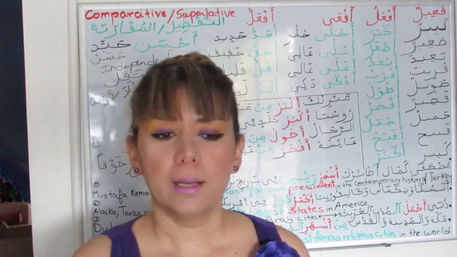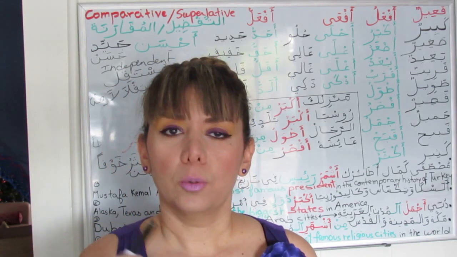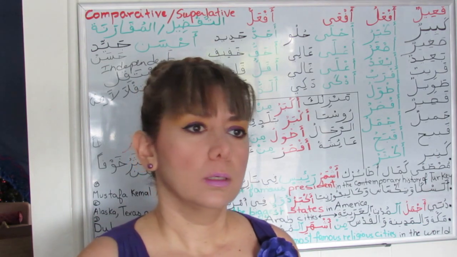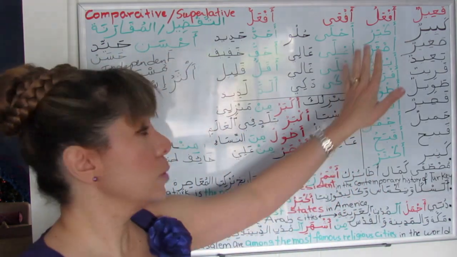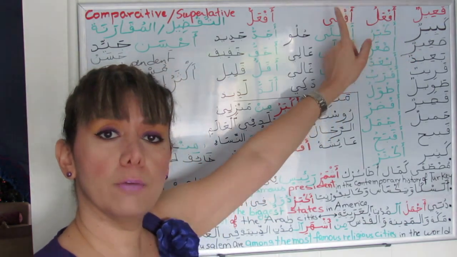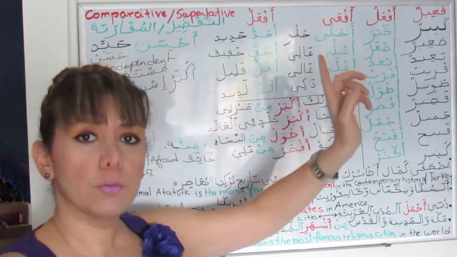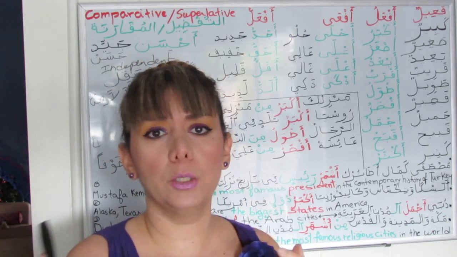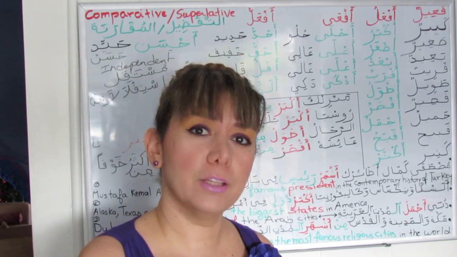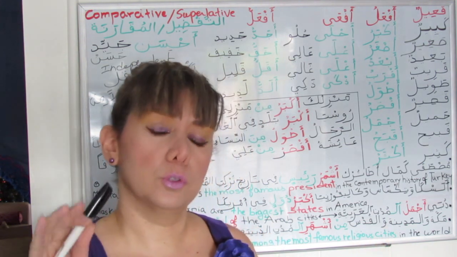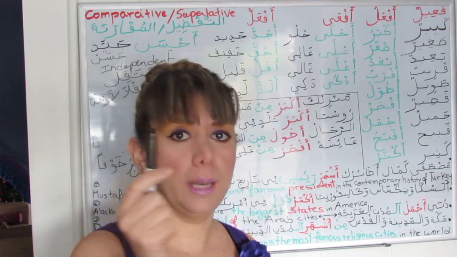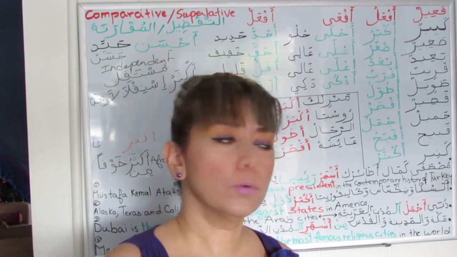So let's summarize. Comparatives and superlatives are formed in the same way using the pattern of أفعل. To compare, you have to use min, that comes after the elative adjective, and for the superlative you have to add a noun after the elative form.